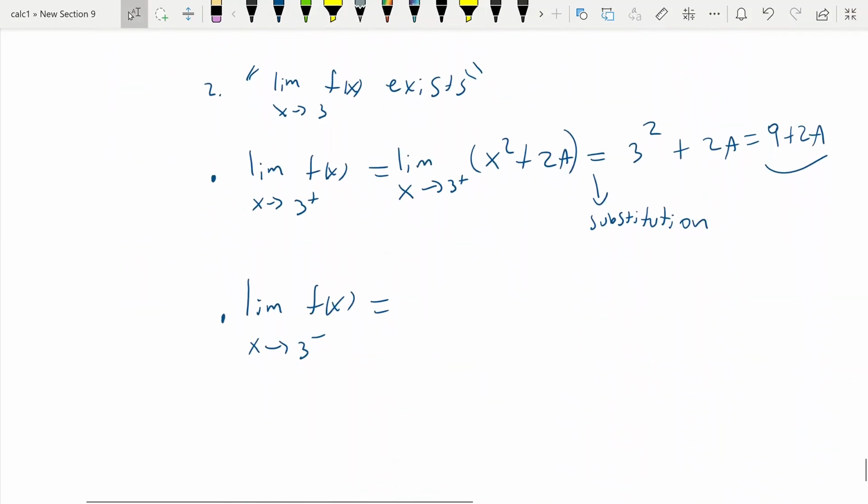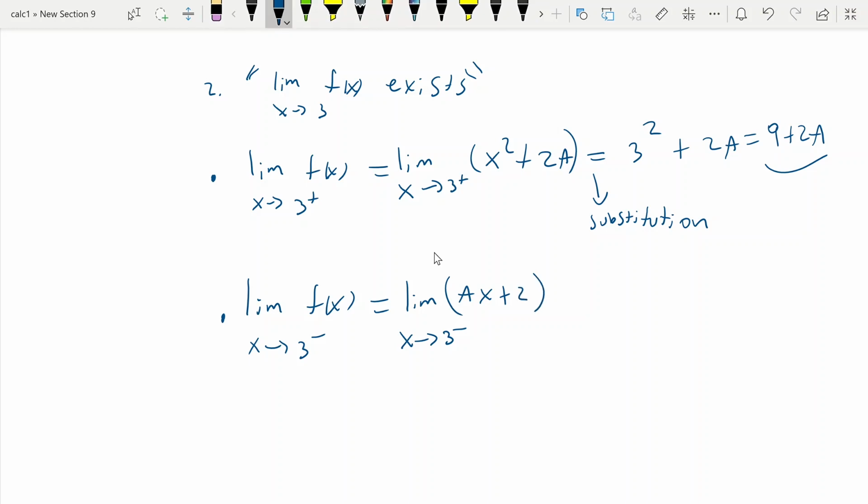So we need to use that formula for f, ax plus 2. This expression is continuous, so we may use substitution again, and we get a times 3 plus 2.